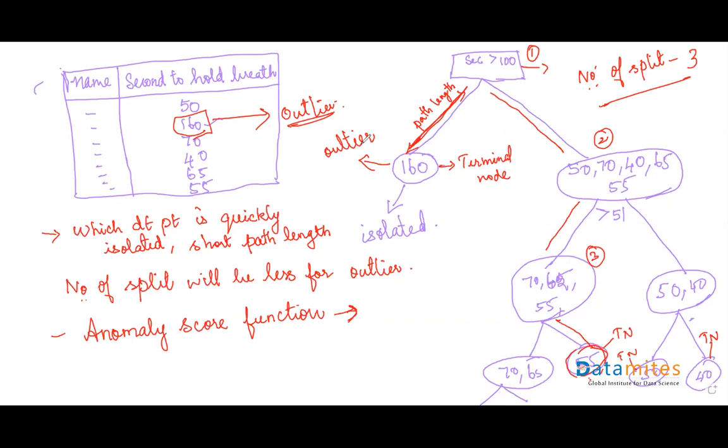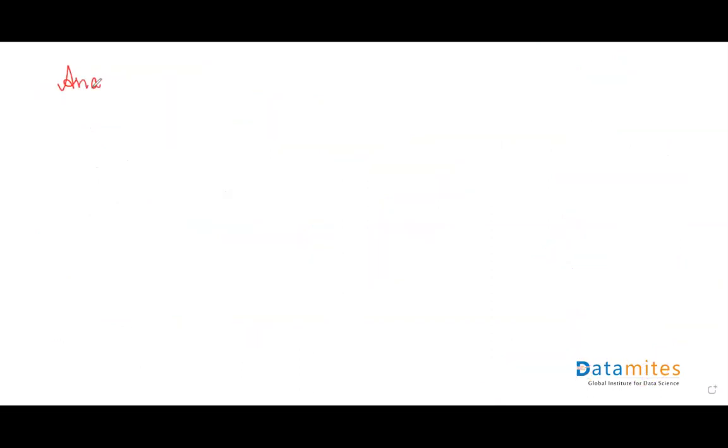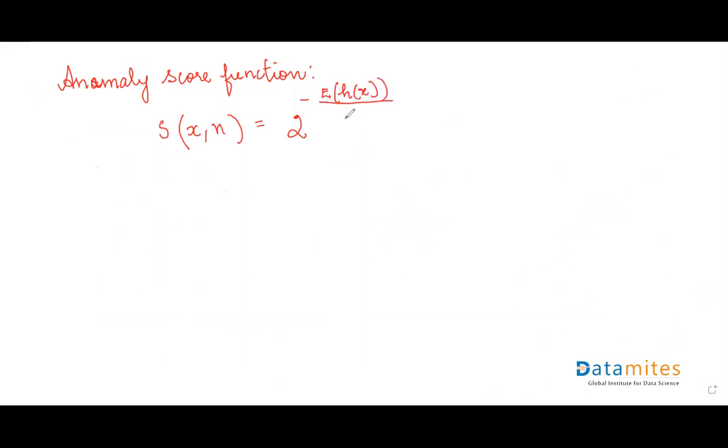Okay, so let us discuss the anomaly score function, which is basically used by the isolation forest. So the formula for this is, so this is a score.